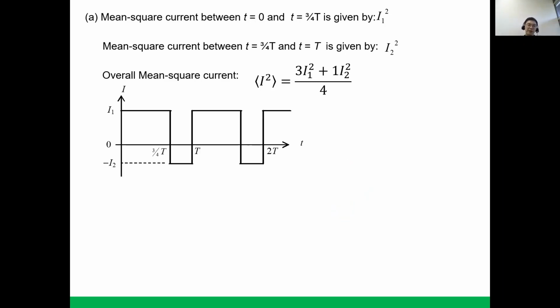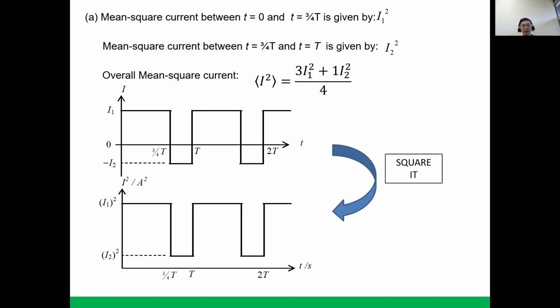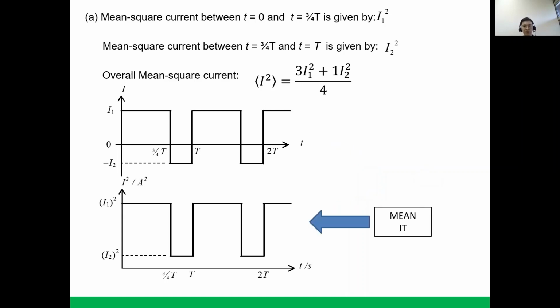So if we do it graphically, what does it mean? Let's look at the graph. We square it, and we get the following graphs, where I1 and I2 are squared. If you want to take the mean, it's as if you are finding the value of the red line. That means what is the value of the red line on the y-axis, where the area above the line is equal to the area beneath the line?